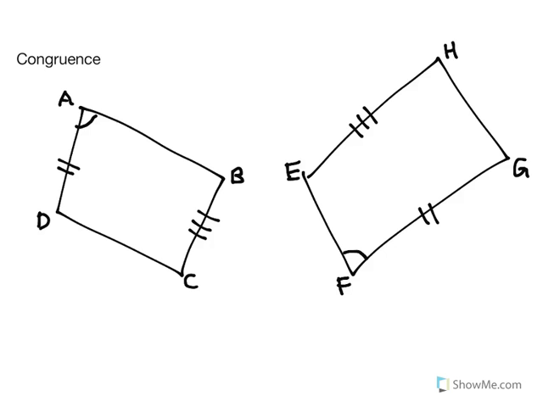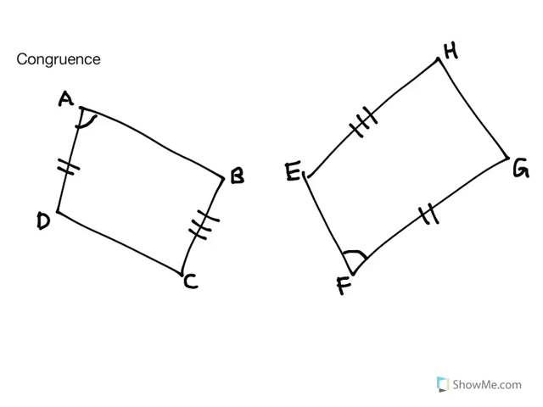Some congruence problems don't really need formulas, but you just need to know the common ways of solving congruent problems. So here we would have parallelogram ABCD, or let's call it a quadrilateral since we don't know if it's parallel or not. And the other one would be quadrilateral EFGH. We need to find out which side is congruent with which side.